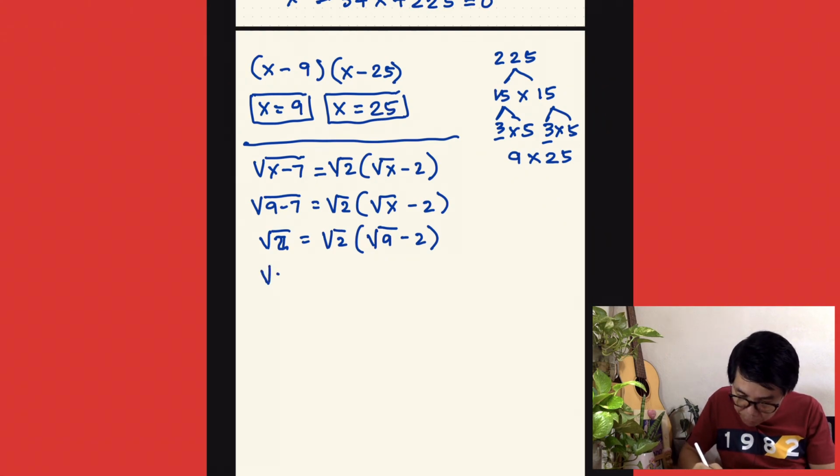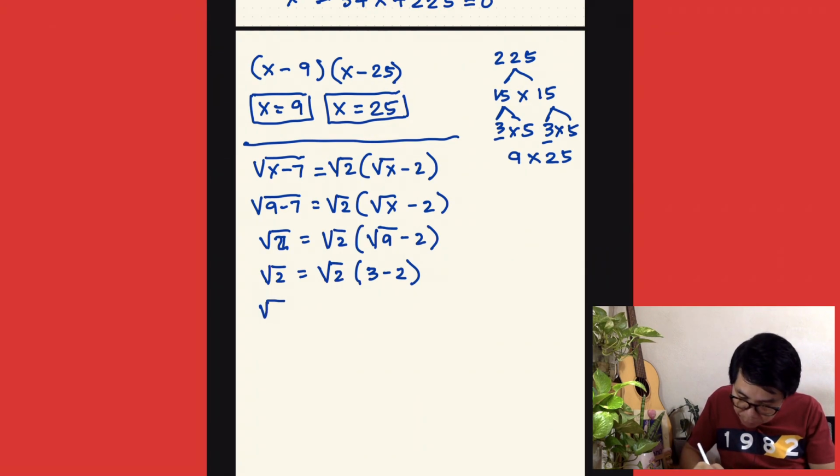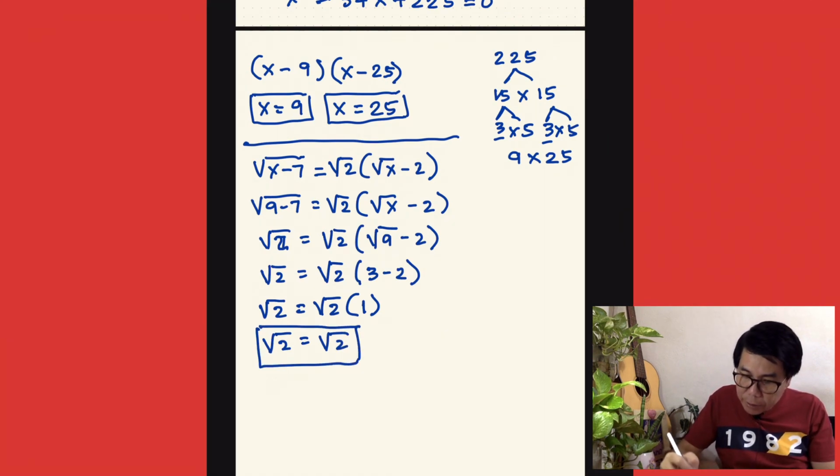So we have square root of 2 equals square root of 2 times 3 minus 2, which is 1. Then 1 times square root of 2 is square root of 2.